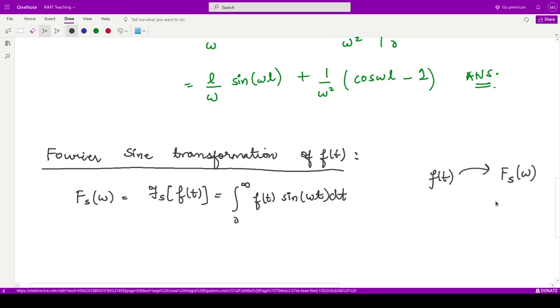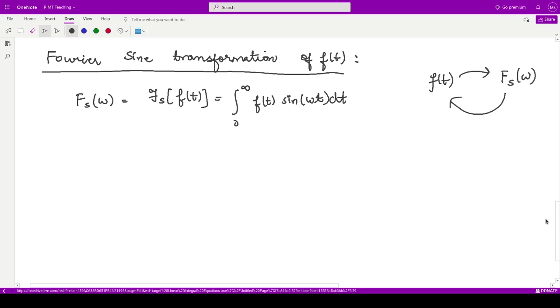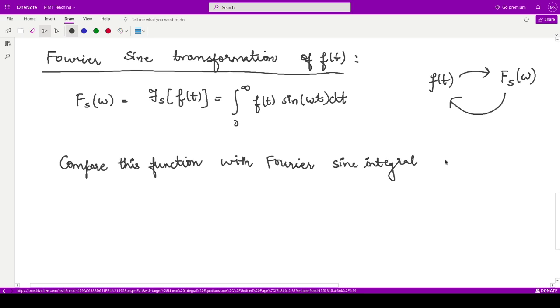So now for coming back from here to here, we have to apply the inverse Fourier transform onto this particular function. So we can compare this function with the Fourier sine integral transformation. So what is it?